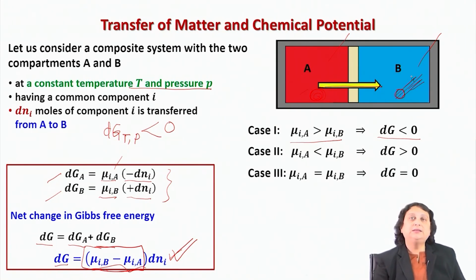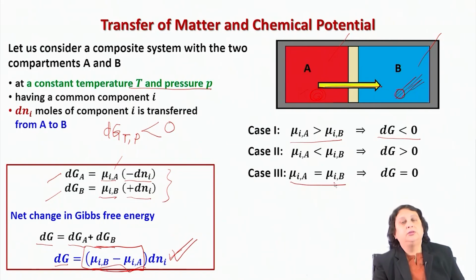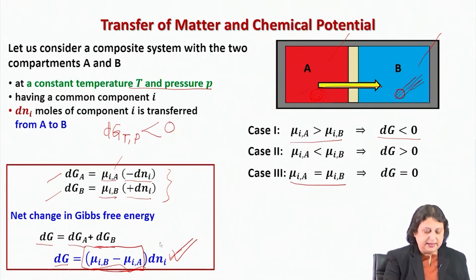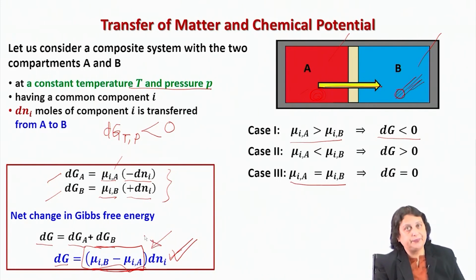Now comes the third case. The third case is where mu of the ith component in compartment A is equal to the corresponding value in the compartment B. And what does it tell me about dG at constant T and P? It tells me that under that condition, dG is going to be equal to 0.